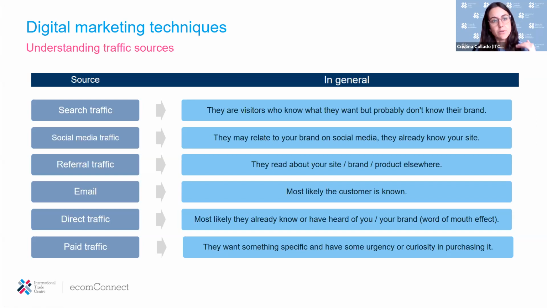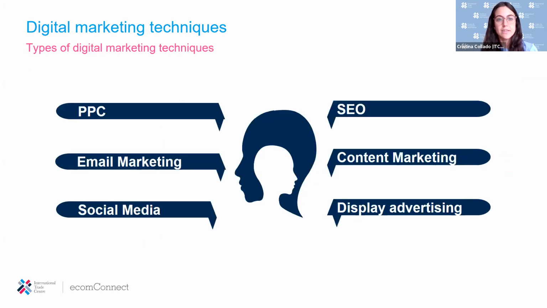So it's important to understand this, because this will allow us to implement different techniques and optimize each of them later. And we have seen the traffic, now we see the techniques. So we have SEO, search engine optimization, content marketing, display marketing or advertising, social media, email marketing, and pay-per-click.